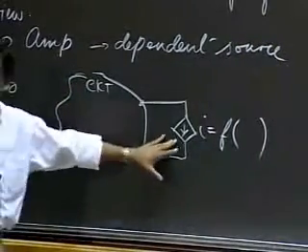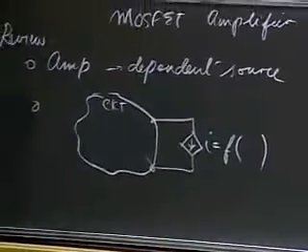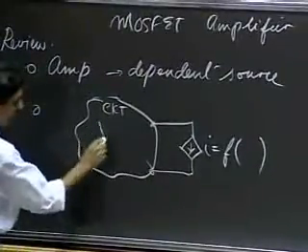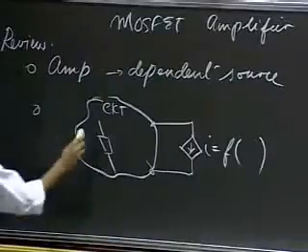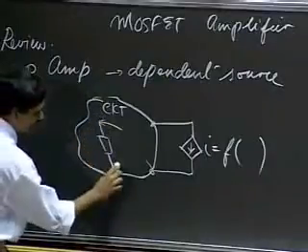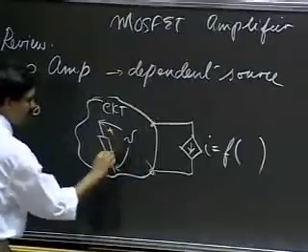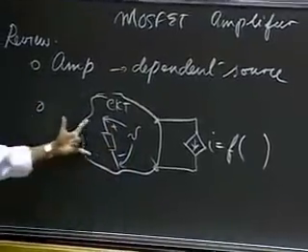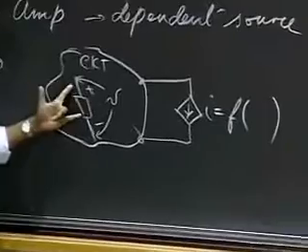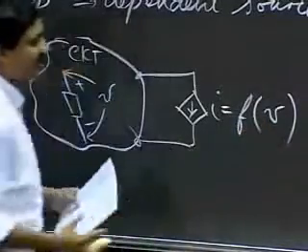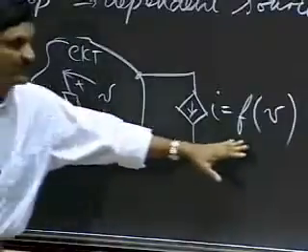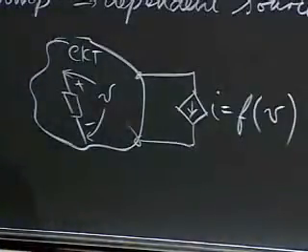That's why this is a dependent source, a dependent current source. So it could be that I have some element inside, and I sample the voltage across the element or between any 2 points in the circuit. And in this little example here, this current could be dependent on that voltage.